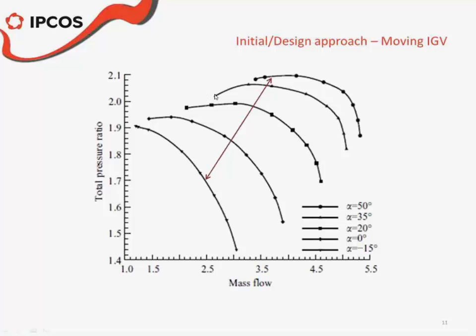If you draw a line here, which is sadly not drawn, this is nothing different than the surge line of the compressor in each one of the cases, at each opening of the inlet guided vanes. So when you do that, what you're actually doing is approaching the surge condition. That also suggests that if you try to control your pressure with your inlet guided vanes, you can probably face issues with your compressor performance.